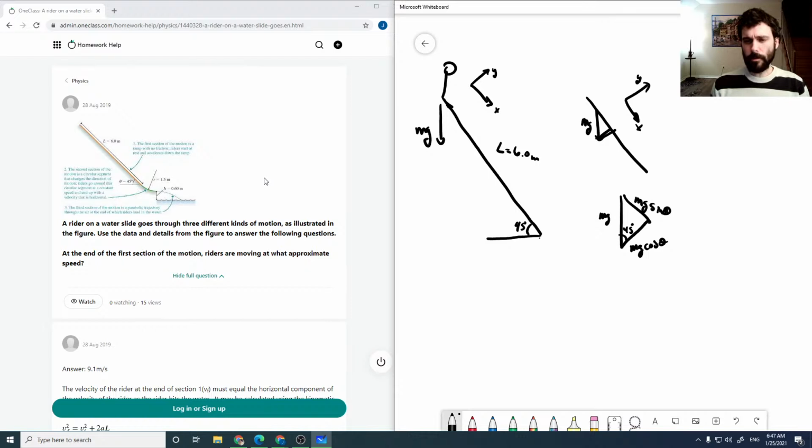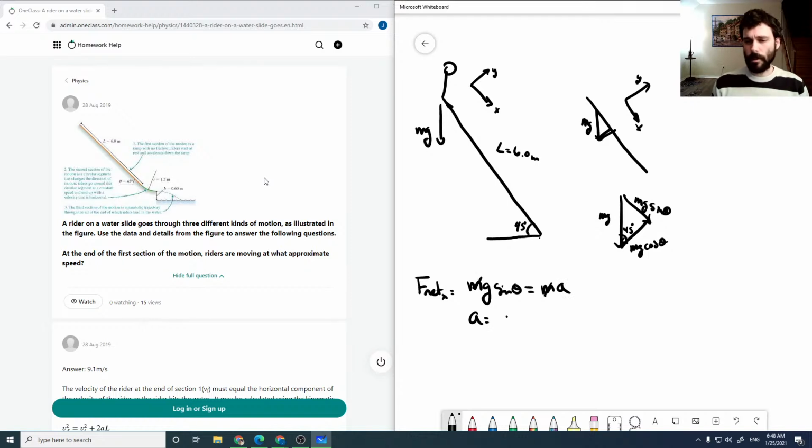So looking in the x direction, our F net x is just purely mg sine theta, which is equal to our ma. So our masses can cancel.